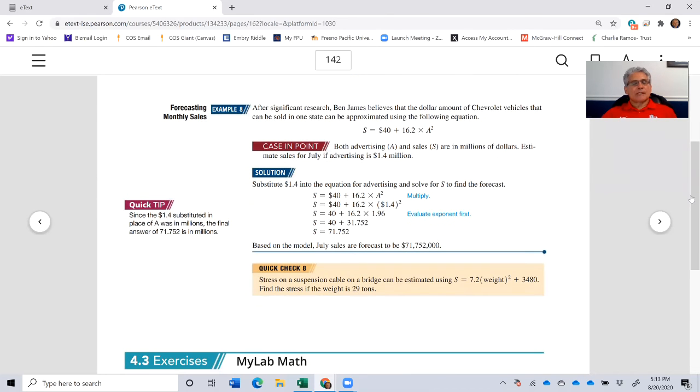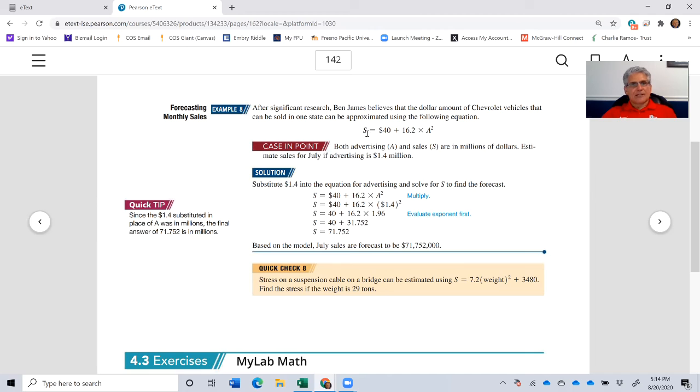Often we use formulas to come up with a forecast, and the forecast, generally speaking, will say that there's a relationship between certain numbers. And if one number changes, then that impacts another set of numbers in a way that we can measure it. As an example here, after significant research, Ben James believes that the dollar amount of Chevrolet vehicles that can be sold in one state can be approximated using the following equation.